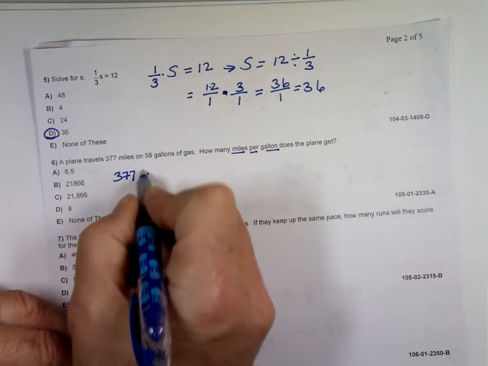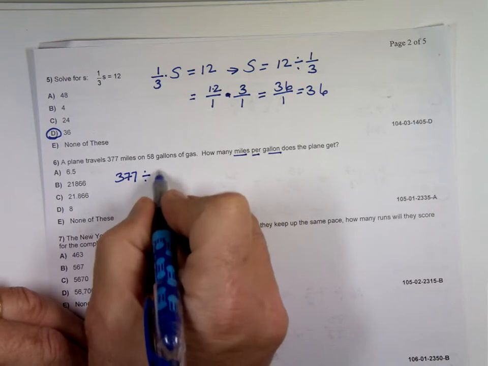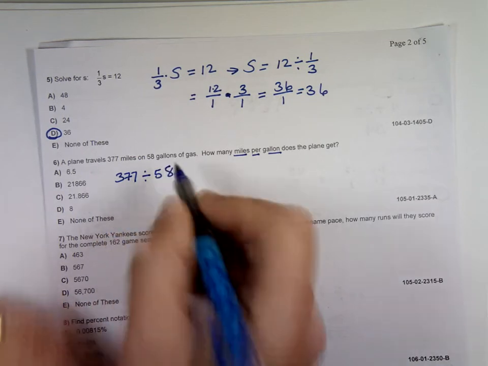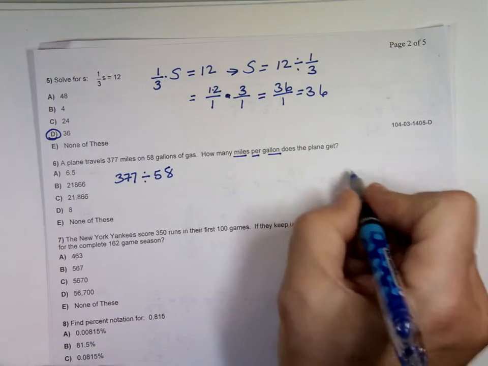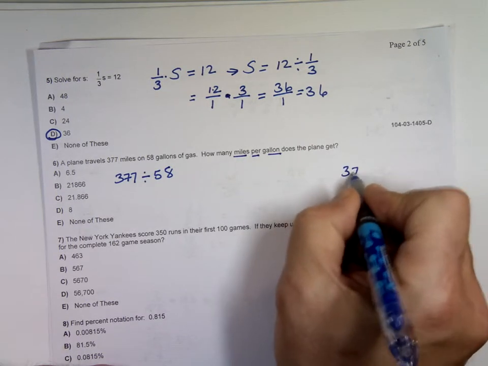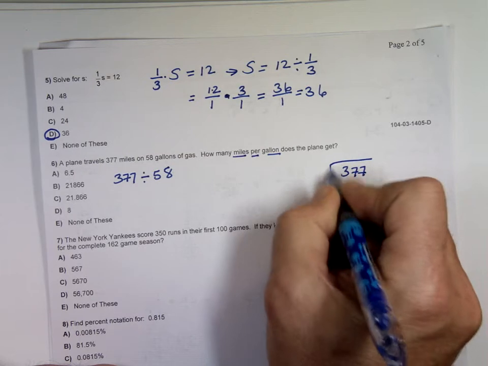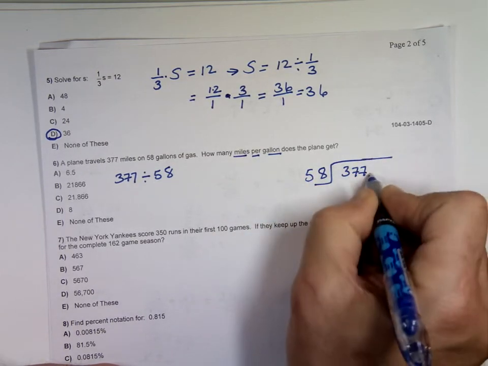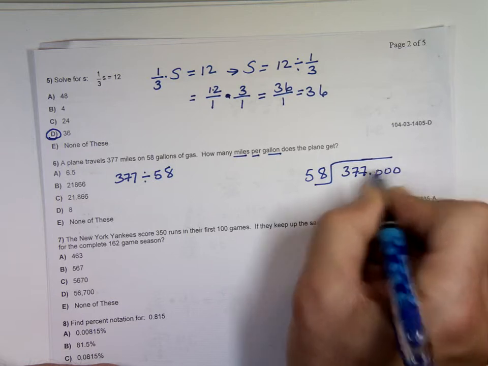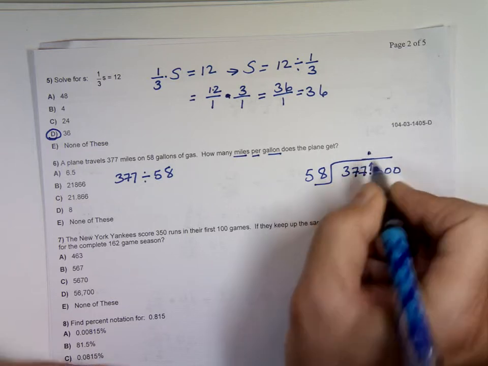Per means divided by the gallons, 58. So let's go to the side, divide them. 377 over 58. Keep in mind there's a decimal point, lots of zeros if you need them. I don't know if I need them or not.